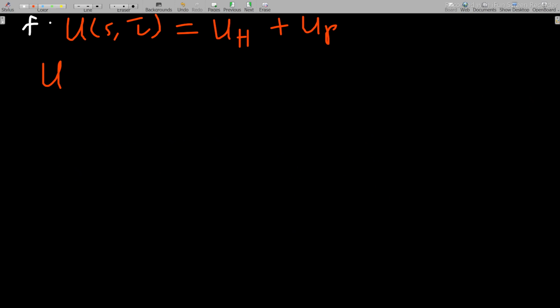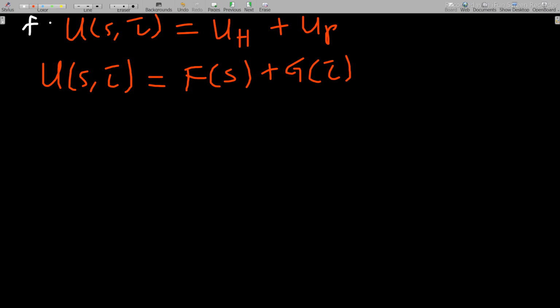And u homogeneous was given as what? F of s plus g of tau. Then particular is minus 1 over 16 sine of 3 tau over 2 minus 1 over 2s.